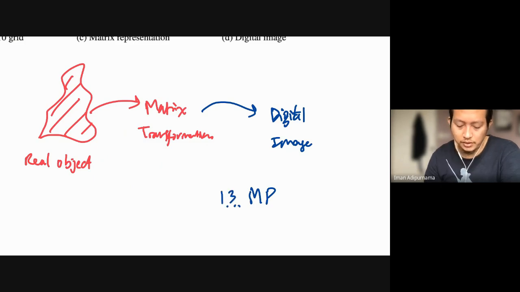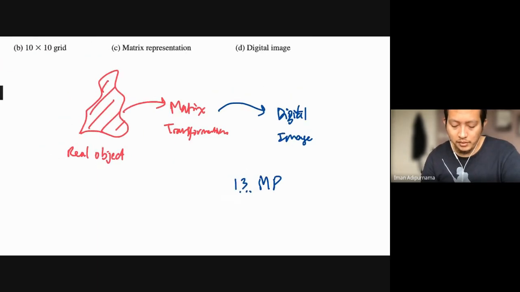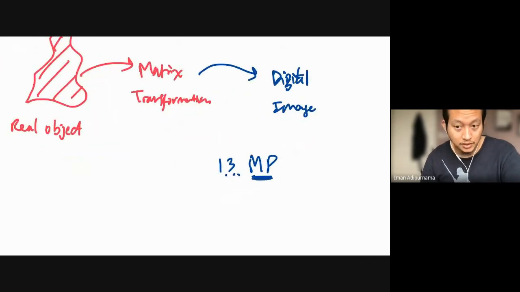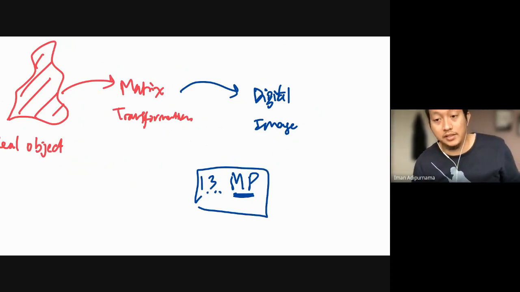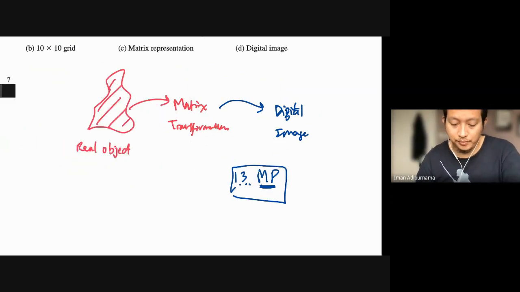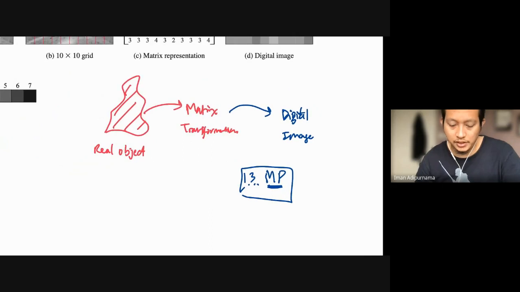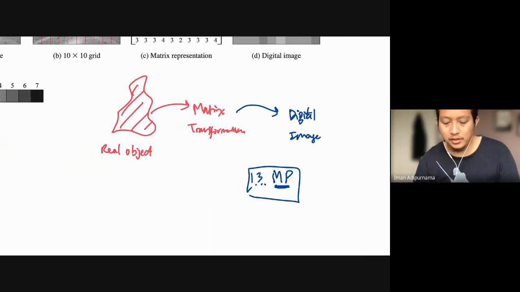Maybe it can already take a good shot, maybe higher than this. So the more pixels are megapixels. We have a grid that is cut into this huge number of megapixels, which transitions a real object to a digital image.